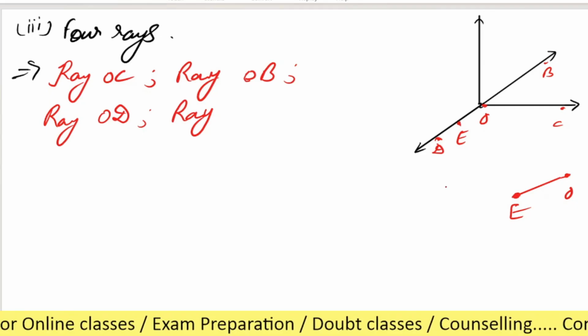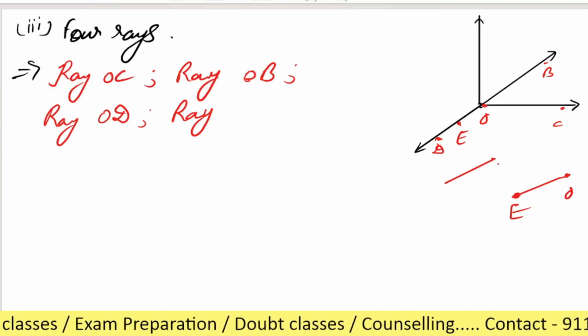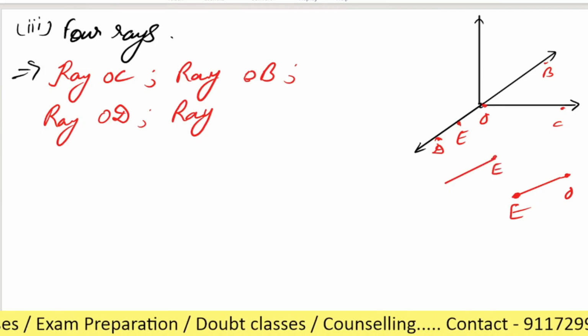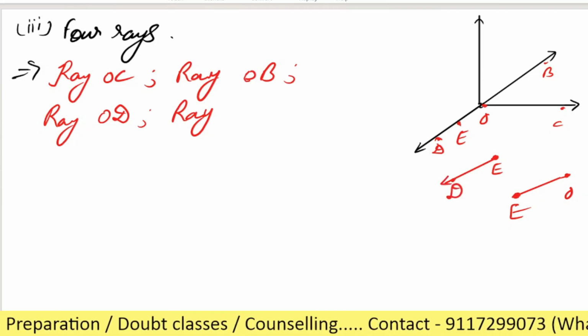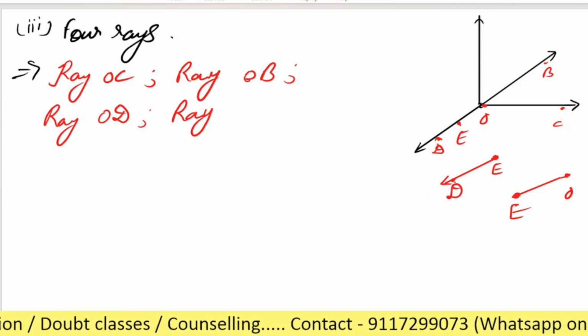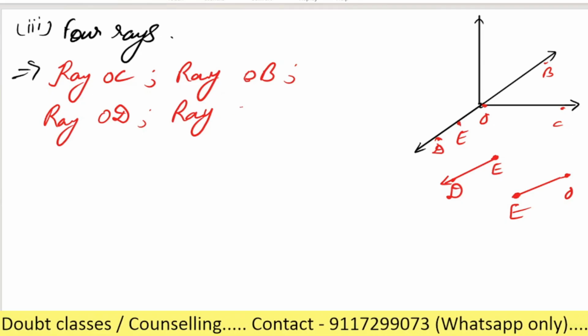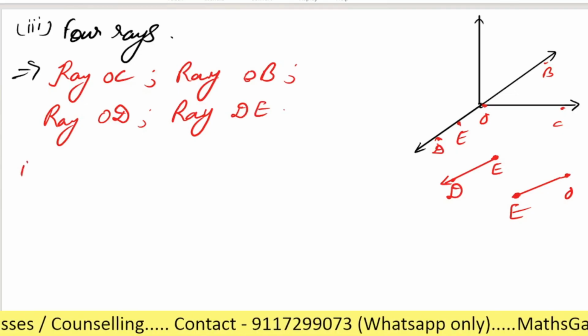DE will be like this: here it will be E, which is the endpoint, and D will be the extended side. Is it clear? So we can say ray DE.